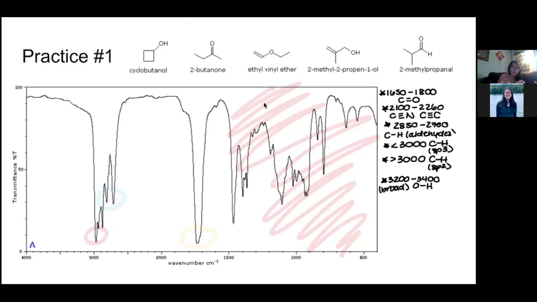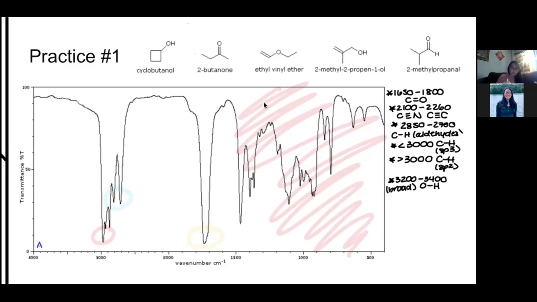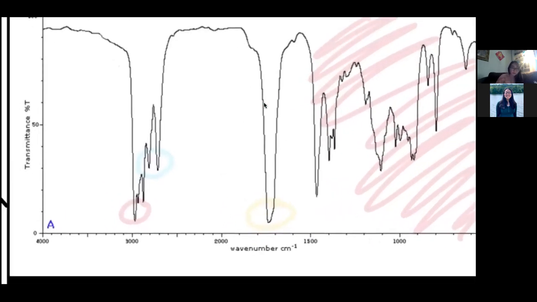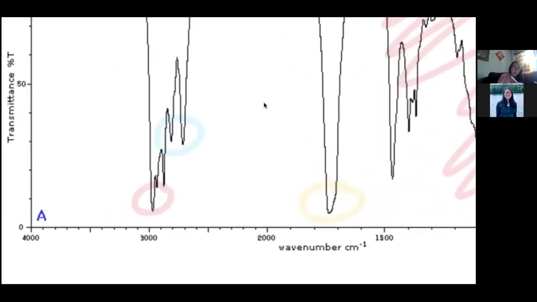So now that we've looked at our peaks, let me go ahead and zoom in a little. This peak in red looks like, I would say, around 3000. I like to guesstimate the position they are on the graph. The one in blue, I would say just below 3000.